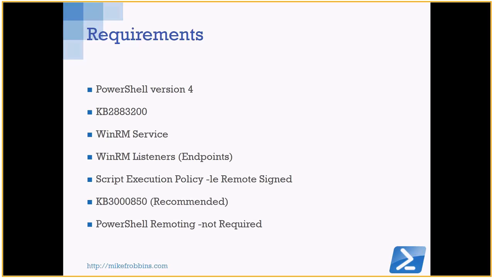On Server 2012 and 2012 R2, PowerShell remoting is already enabled, so it's not a problem. And on Server 2012 R2, the execution policy is already set to remote signed.